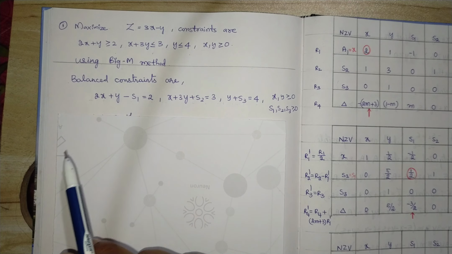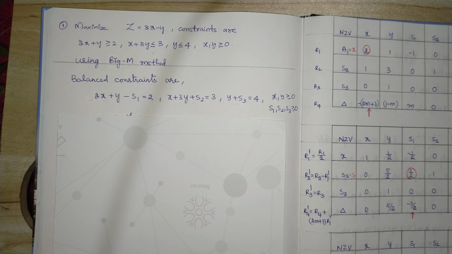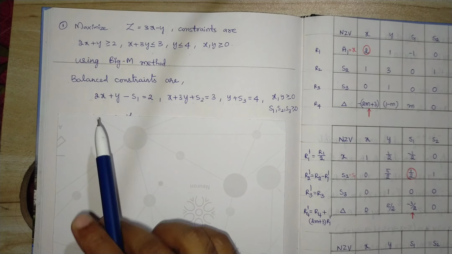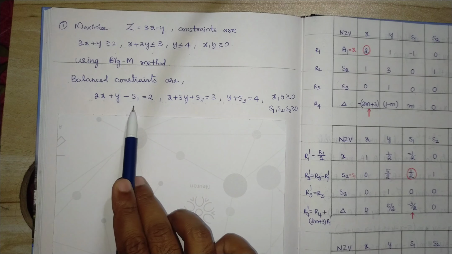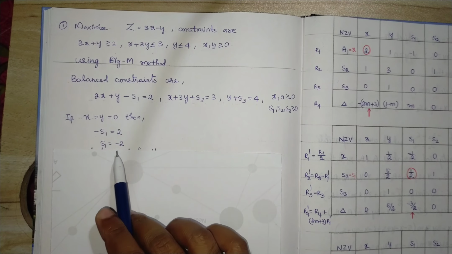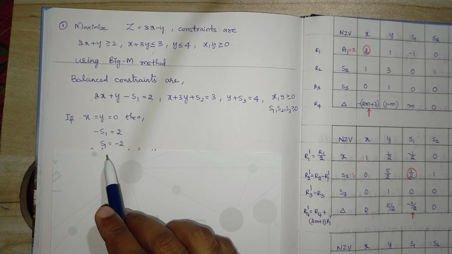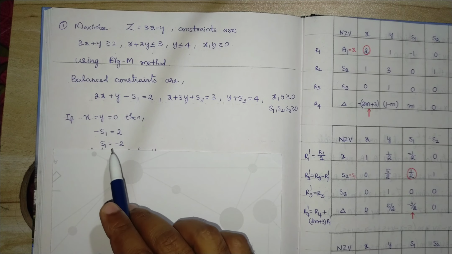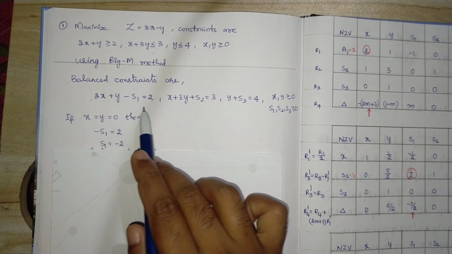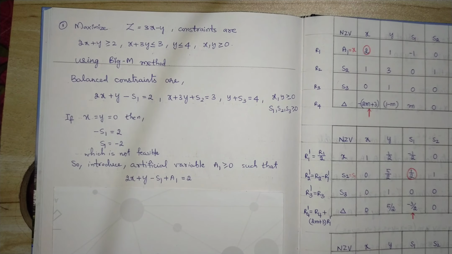Now let us equate x and y as 0 in order to check the feasibility of this solution. If I substitute x and y equal to 0 in this constraint, what happens? Minus s1 equals 2, so s1 equals minus 2. But s1 is non-negative, so we have to introduce one artificial variable in this constraint. We have minus s1, so let us introduce plus a1.